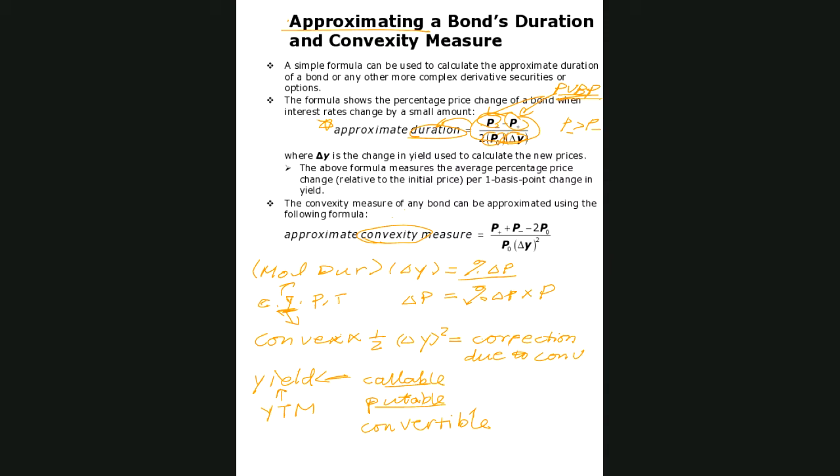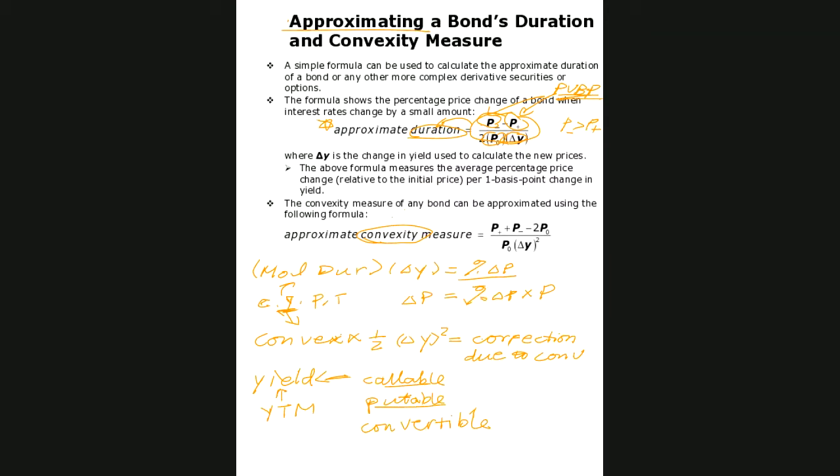Yield shifting up and yield shifting down are all in the step of changing the yield, delta y, and all of them are going from the benchmark point of the initial yield. So you take that difference, divide it by 2, divide by the initial price, and divide by the change in yield.